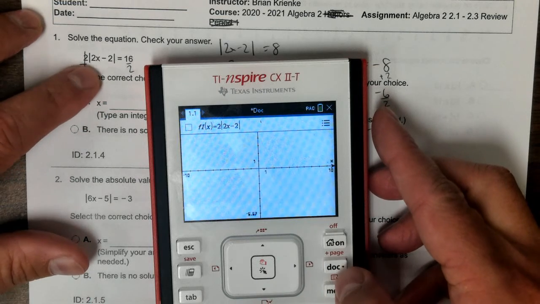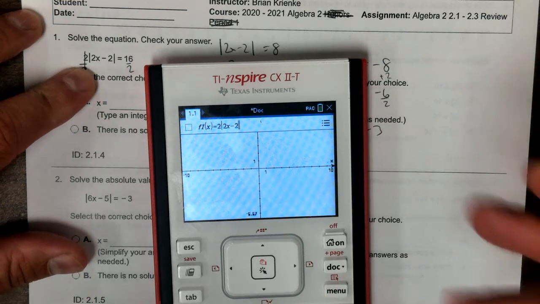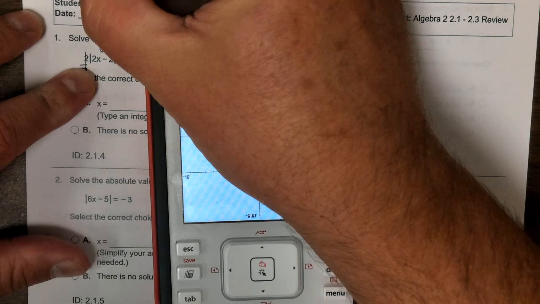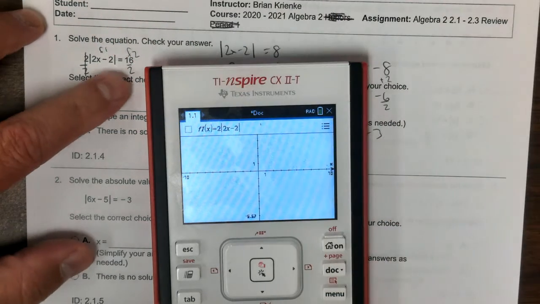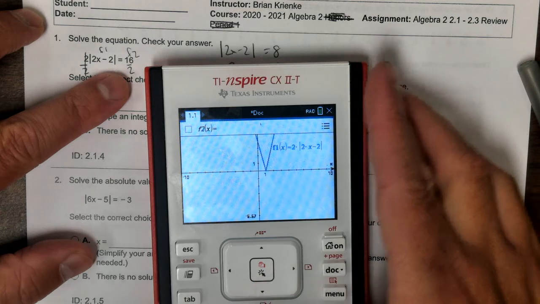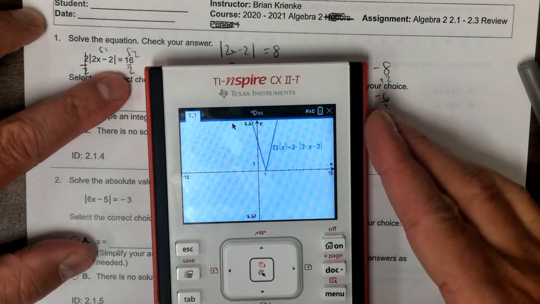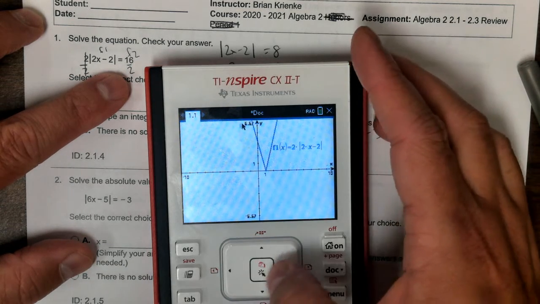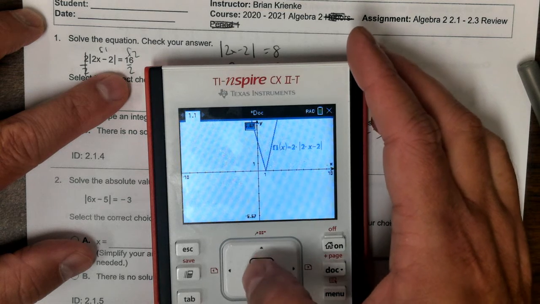So that's my left side, which is my function 1. My function 2 will just be the constant. So I press down and I press 16, enter. And I then have to change my window.